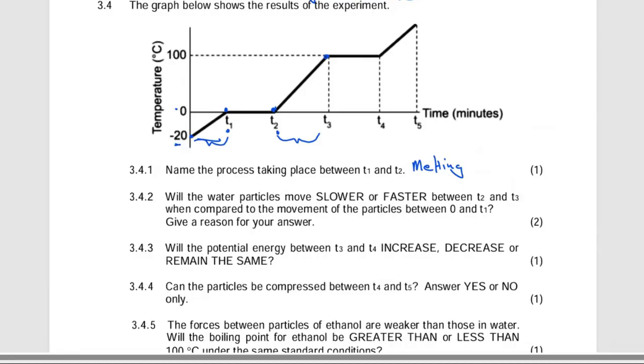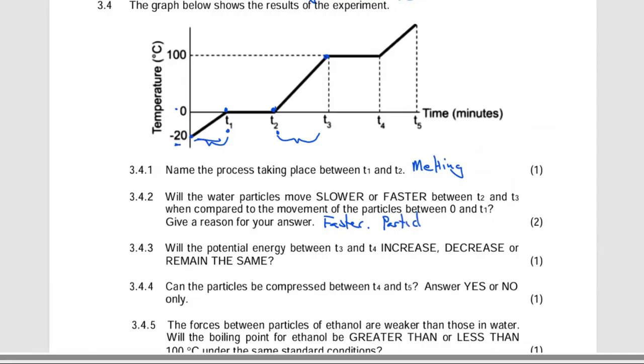So now in terms of our answer, they're asking, will the particles move slower or faster? The answer is going to be faster. Remember, as we're increasing temperature, the average kinetic energy of the particles is going to increase. So particles are moving faster, and the state is becoming liquid.